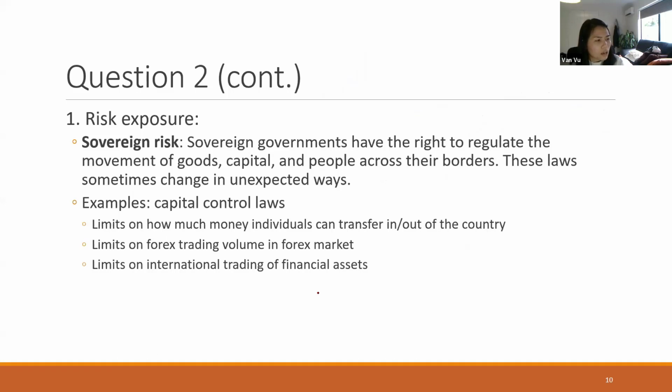Now, why do you think these laws are in place? When would the government impose capital control laws? When do you think these laws are important, and in which context?